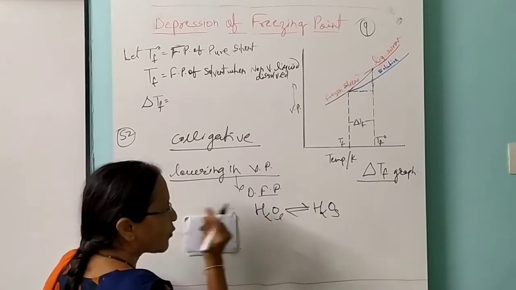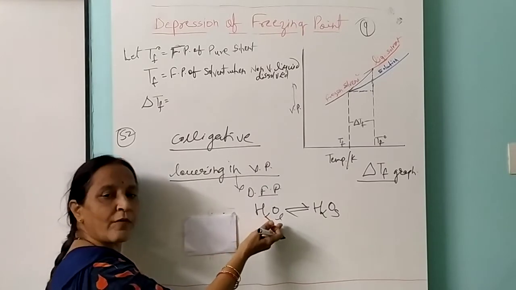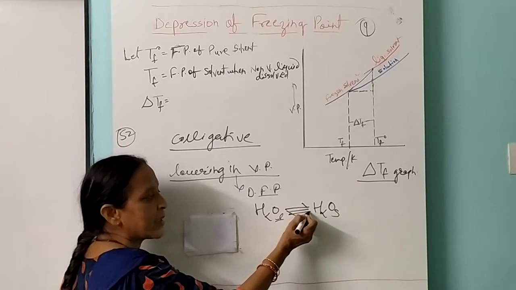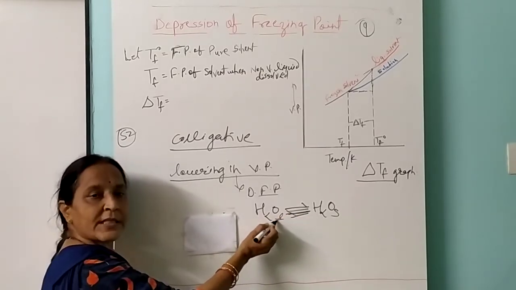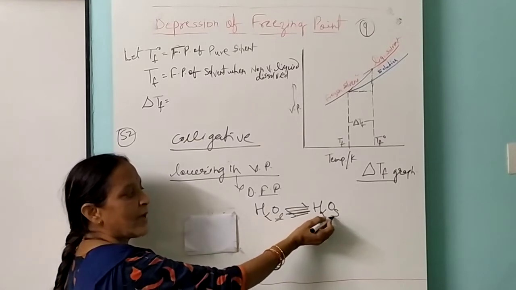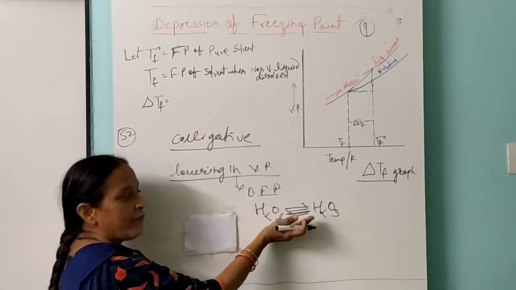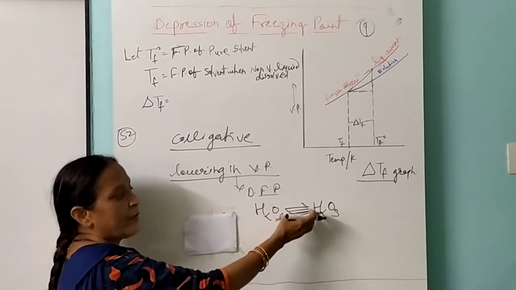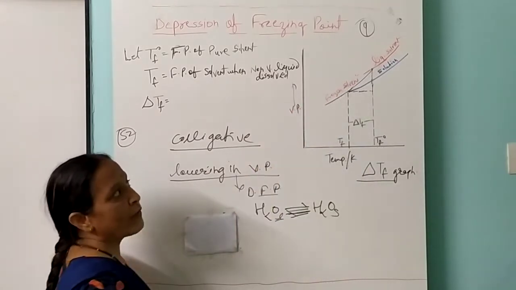So what is this depression in freezing point? At the freezing point, an equilibrium is established between the liquid state of the solvent and the solid state, and at this state the vapor pressure of the solution is equal to the vapor pressure of the pure solvent.